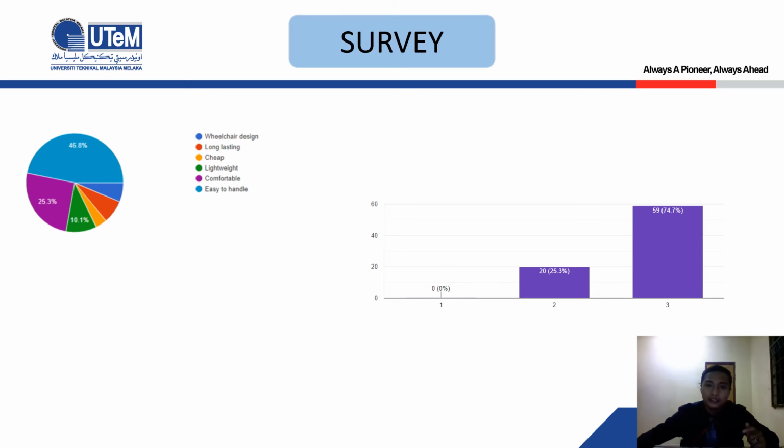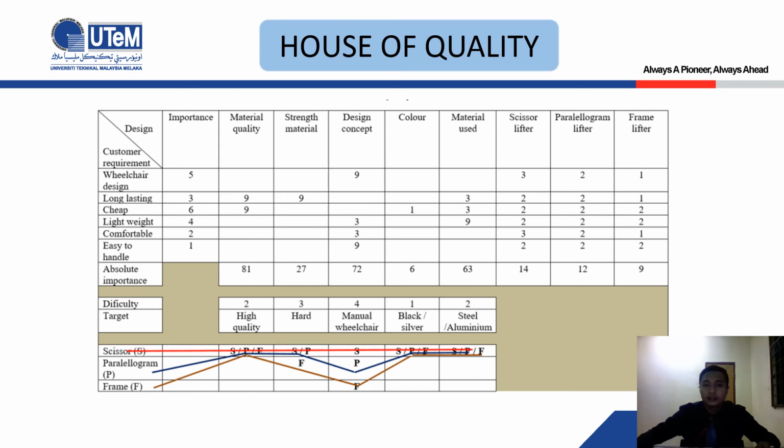An example of the survey question is shown at the right hand side, in the bar graph. This one is the level of importance of material quality towards the manual wheelchair, evaluated on a scale of 1, not important, 2, intermediate, and 3, most important.